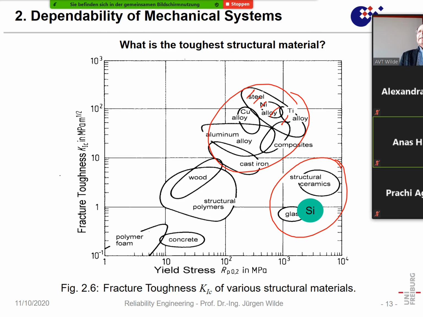On the other hand, in a brittle material, yielding is not so important, but we have a crack which just propagates through the material. So in German you would say knacks, and then it's broken. And that means the energy you need to destroy it is low. And so we have already two parameters. One is the fracture toughness, and the second is the yield strength, or the ultimate tensile strength we have to take into account.